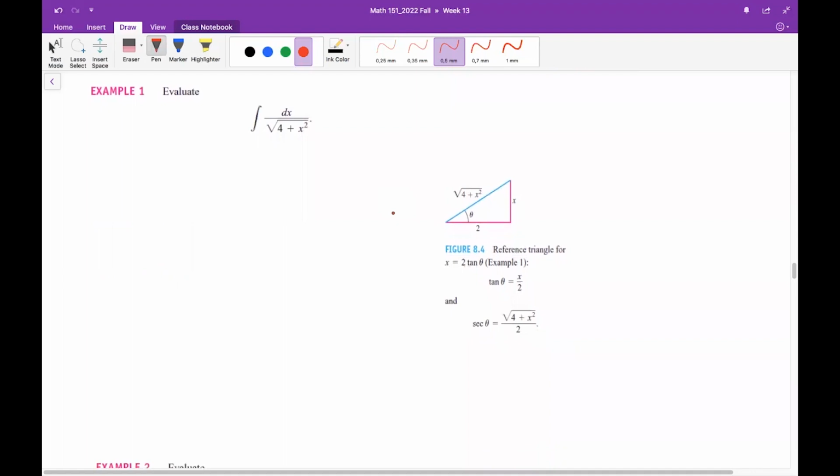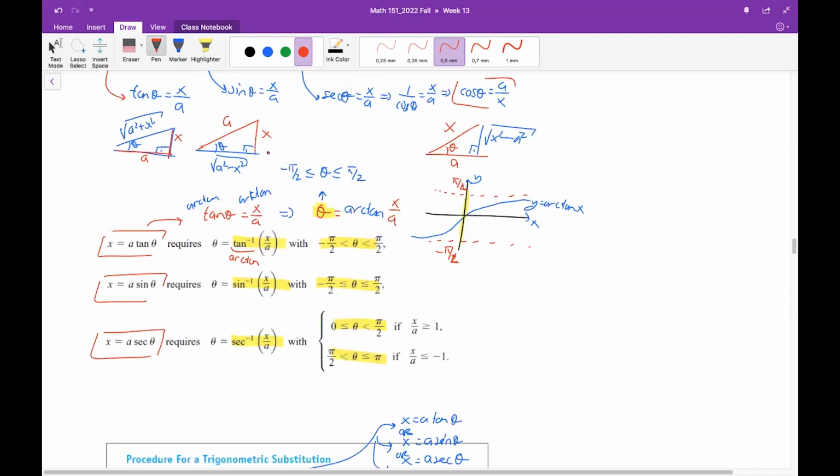So look at the integral and look at the form here. This form fits the a squared plus x squared form. And remember which trigonometric substitution is used for this kind. The trigonometric substitution is a times tangent theta. Let me show you.